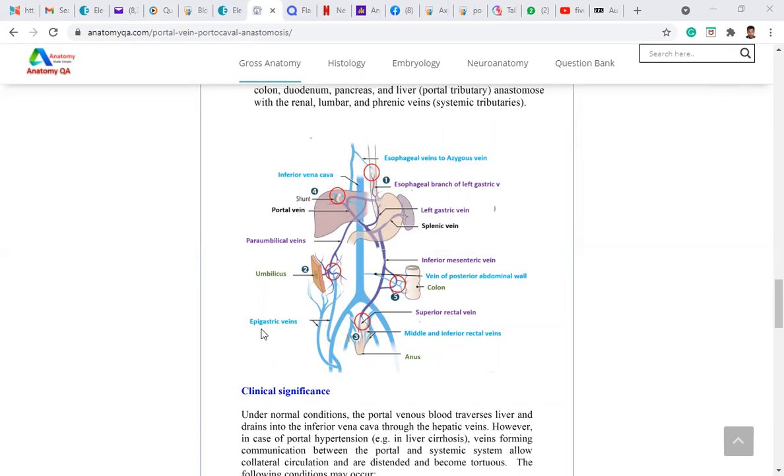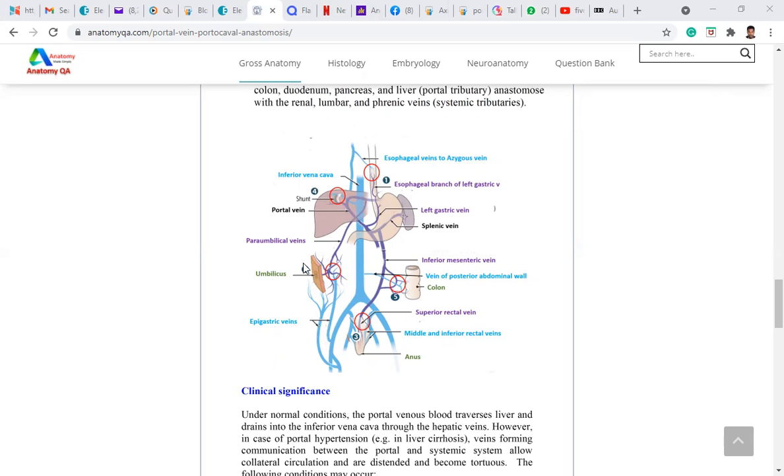And these superficial epigastric veins are coming from the external iliac vein, while the paraumbilical vein is coming from the left branch of the portal vein within the liver. So here we have this anastomosis at the umbilicus.